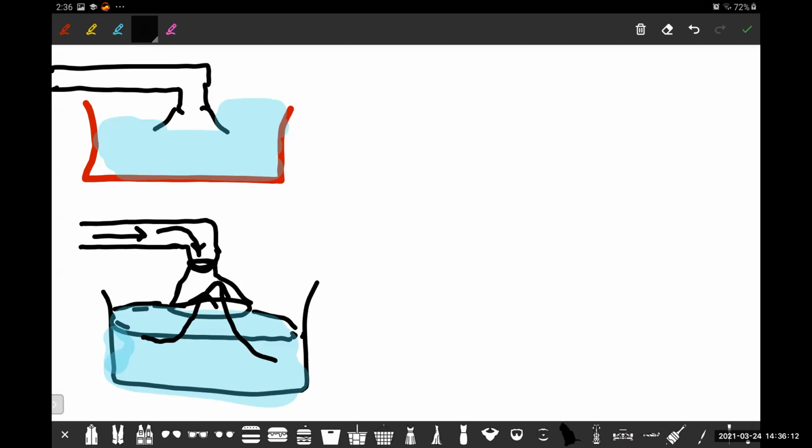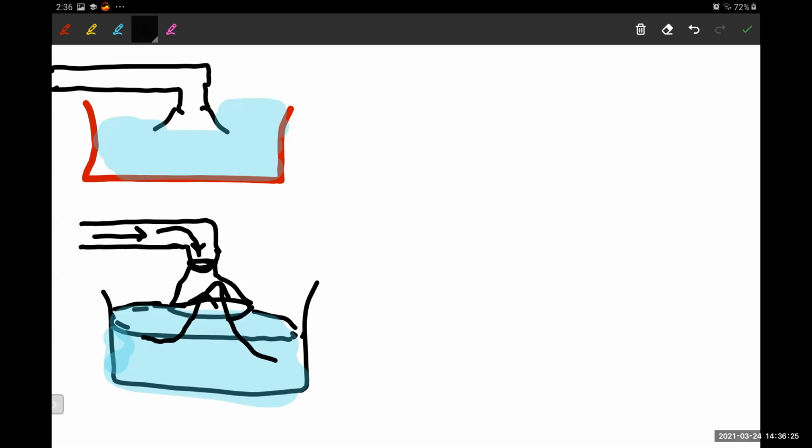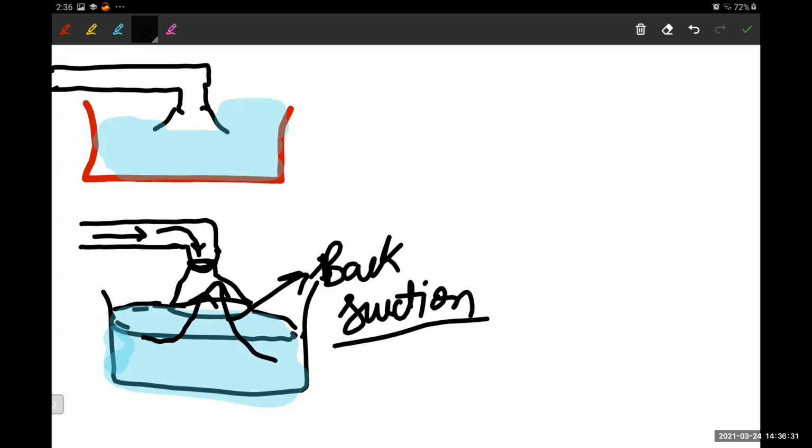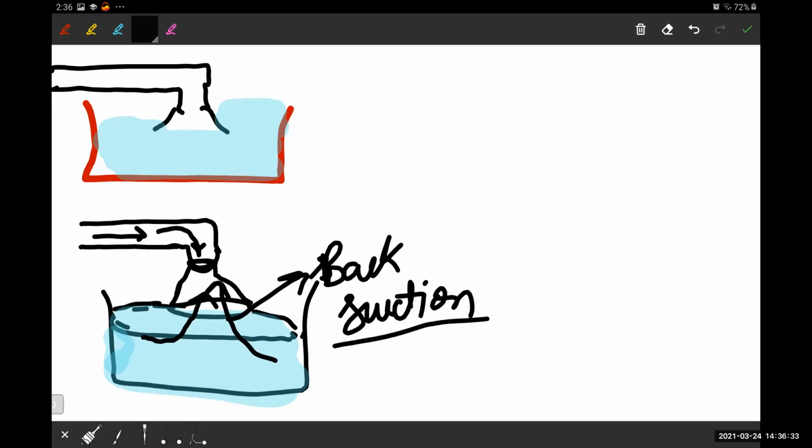Because of this, a gap is formed outside the funnel. This is called back suction. Due to this back suction, a gap is maintained.